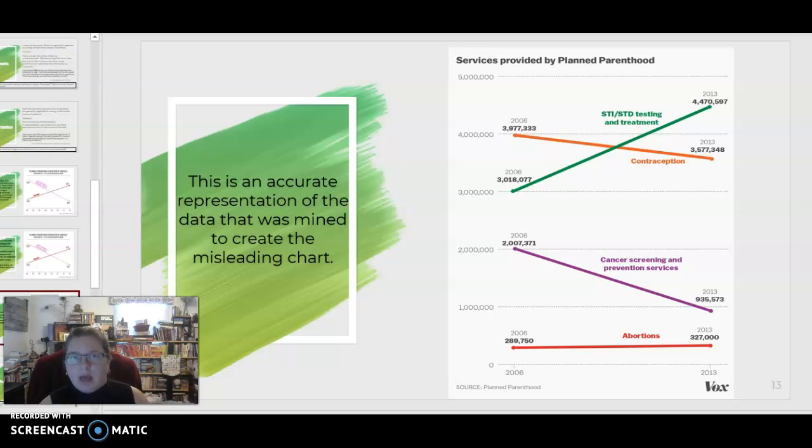So, not that I'm trying to push Planned Parenthood, but this is an example of how numbers can be misrepresented. So you have to be careful when looking at statistics to make sure that they are being presented carefully.